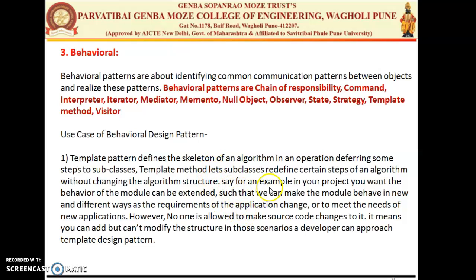Suppose in your project you want your module to be extended so that we can make the module behave in a new and different way as per the requirement of an application change, but we are not modifying any functional requirement. We are just changing some steps of that functionality. No one is allowed to make changes in the source code. That means you can add but can't modify the structure. You can add steps, but you cannot modify the previous steps.